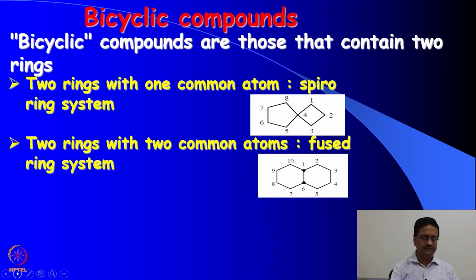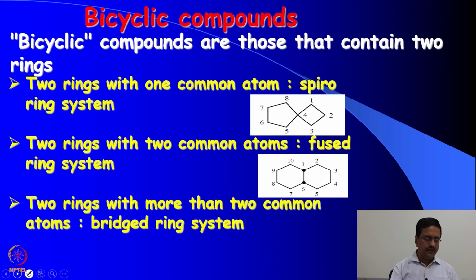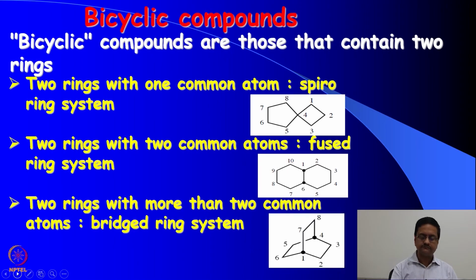This is one such example. And 2 rings with more than 2 common atoms, where the common atoms are not connected, are called the bridged systems. So, this is the bridged system that you have here.